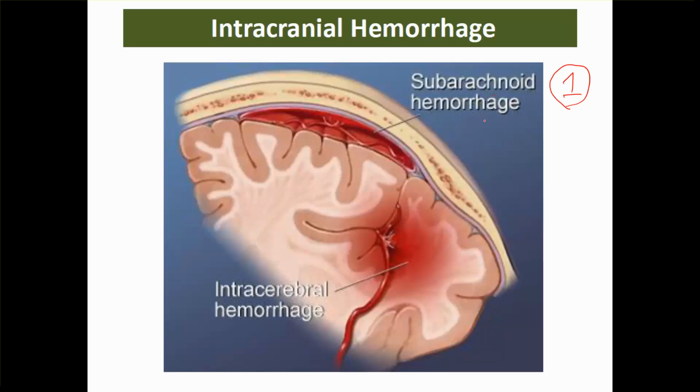Then we can also see intracerebral hemorrhage. Intracerebral, so inside the cerebrum. This is probably a branch of the middle cerebral artery. So we have this intracranial hemorrhage of two types, subarachnoid hemorrhage here and this intracerebral hemorrhage.